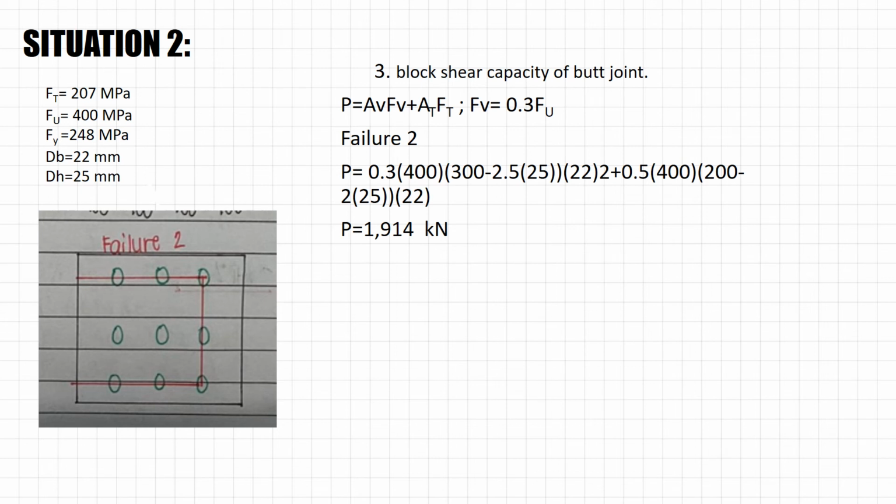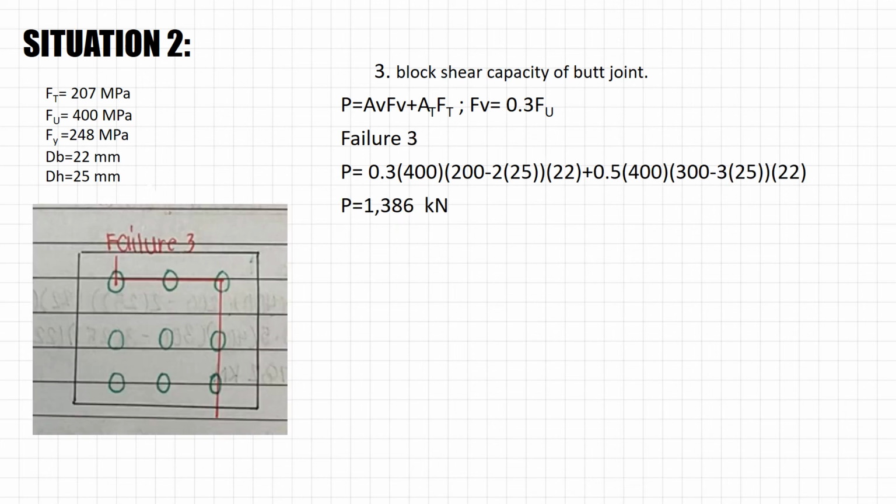So P is equals 0.3 multiply by 400 multiply by 300 minus 2.5 multiply by 25 multiply by 22 multiply by 2. Kaya siya multiply ng 2 kasi kumanan siya tapos pagbaba niya bumalik. Diba? Ang nakalagay kasi dito is yung horizontal. So para hindi na mahaba, multiply na lang natin sa 2 yung magiging sagot dito. Plus 0.5 multiply by 400 multiply by 200 minus 2 multiply by 25 multiply by 22. P is equals to 1,914 kN.